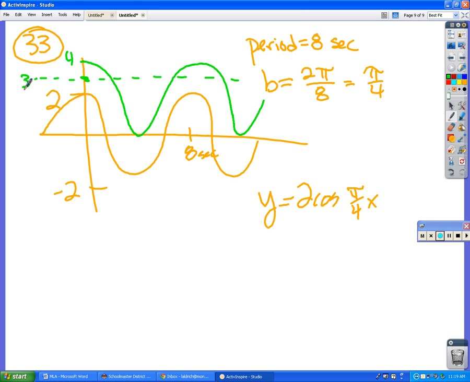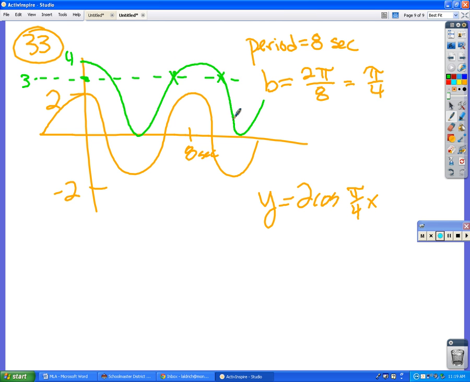Okay. And so then it says, for about how many consecutive seconds will the ladder be within the diver's reach? And that would be from maybe right here to right here. How do you want to figure that out? Do it on the calculator? Because that's how we were, yeah. So what would be the equation for how high she could reach?